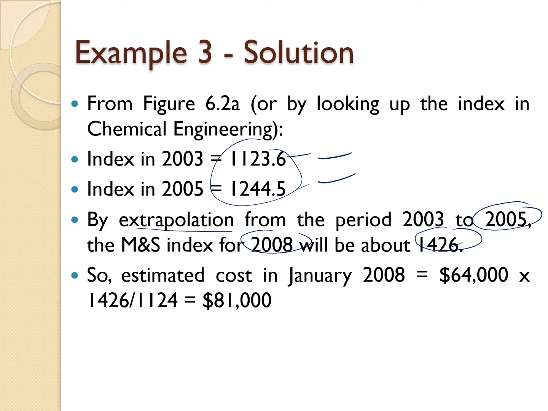After doing the extrapolation, we obtain 1426. So the estimated cost in January 2008, you can calculate from the index for 2008 over the index for 2003. So the estimation cost is 81,000.